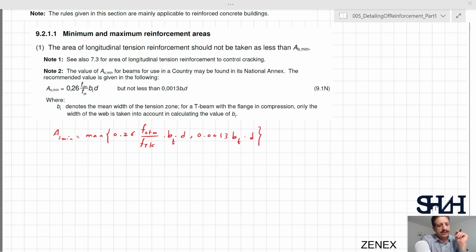However, in national annex, for example, in the Finnish national annex, we can see that As,max is not limited to any value. Typically, the percentage of reinforcement is not reaching that 4% if the design is ordinary and the element is under typical values.